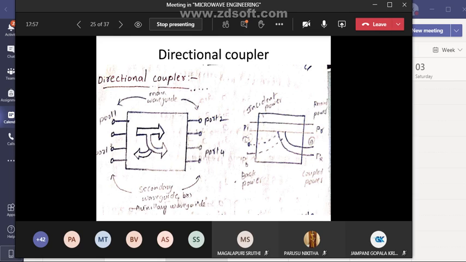Then we can write S13 equal to S24 equal to 0.